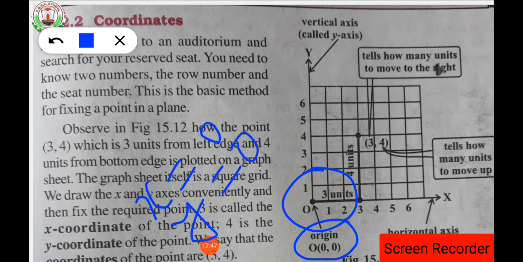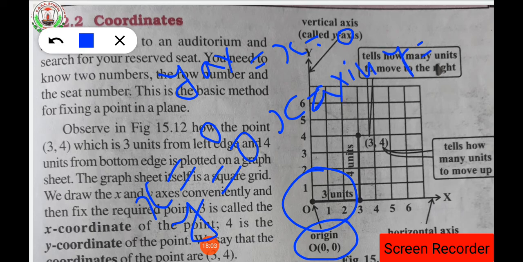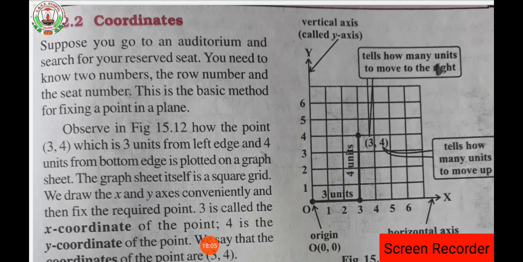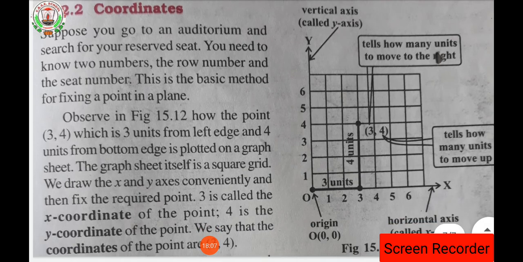In the vertical line, that means on the y axis, the value of x is always 0, and on the x axis the value of y is always equal to 0. You have to keep this in mind for solving the exercise.